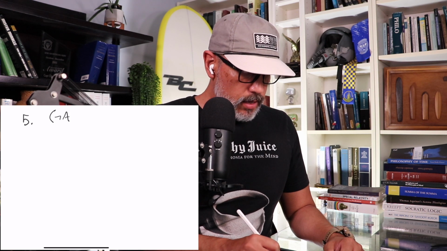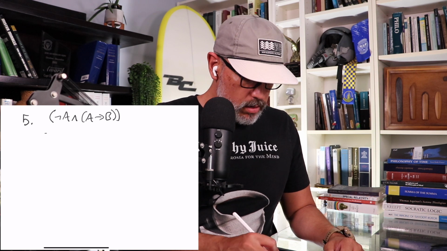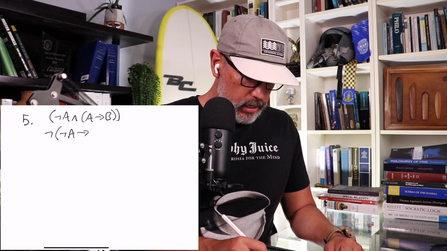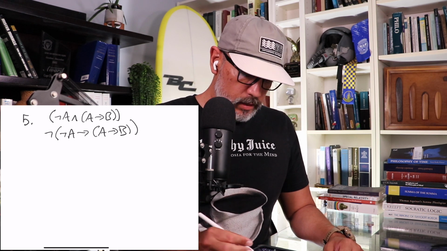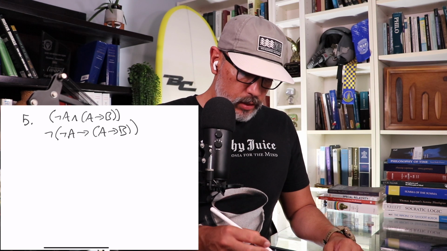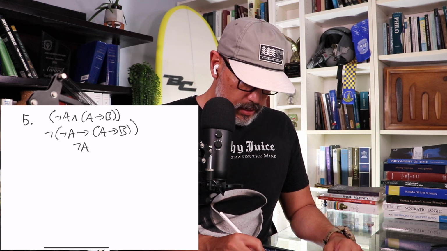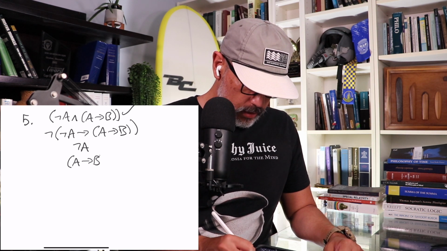Number 5, not A, and if A then B, not if not A, then if A then B. Let's do that conjunction at the top. Not A, if A then B, check.